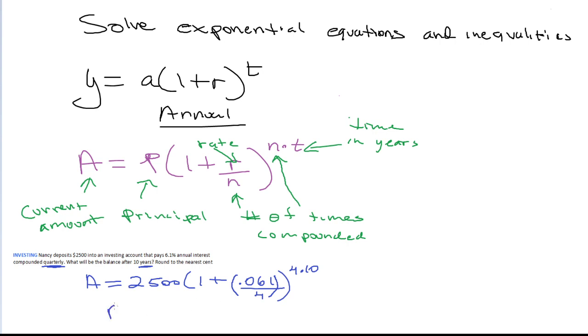When you do this, you will get an amount of $4,579.94. This is rounded to the nearest hundredth, or the nearest cent.